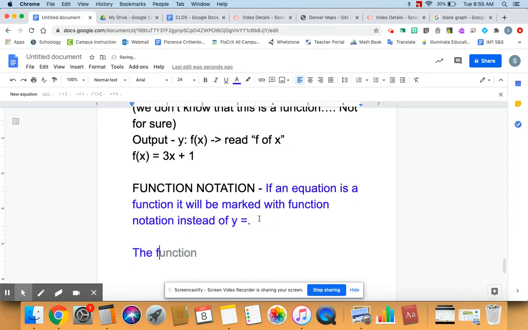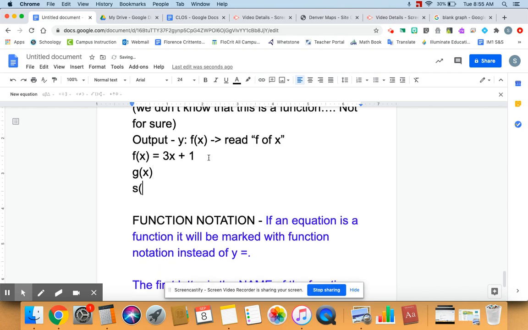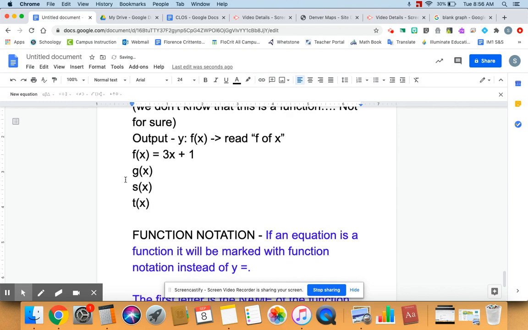So the first letter is the name of the function. It doesn't have to be an F technically. F is most common because F for function. However, it would have been the same if I said g of x or s of x or t of x. It just means function notation.